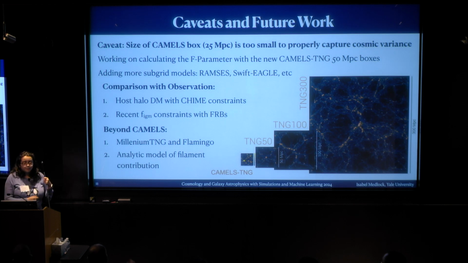So we're working on a number of things moving forward, including redoing these calculations on the new 50 megaparsec boxes, and thinking about calibrating on other simulations like Flamingo and maybe Crocodile, and adding more subgrid models to fill out that relation of F versus baryon spread with new simulations that CAMELS has added, such as Ramses and Swift Eagle.